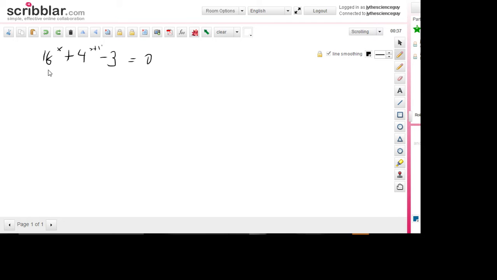If I were to write that as its change of base, the 16 changes to 4 to the 2. And then it's raised to the x, so that becomes 2x, right? Yes. And so this is the same as this.